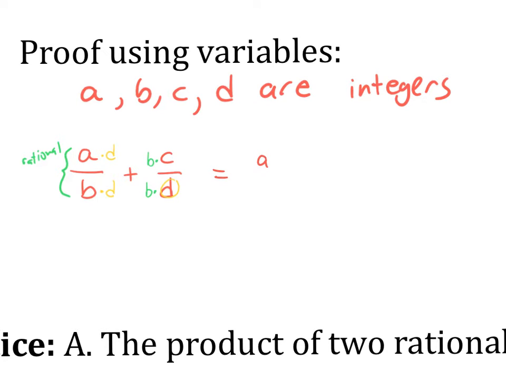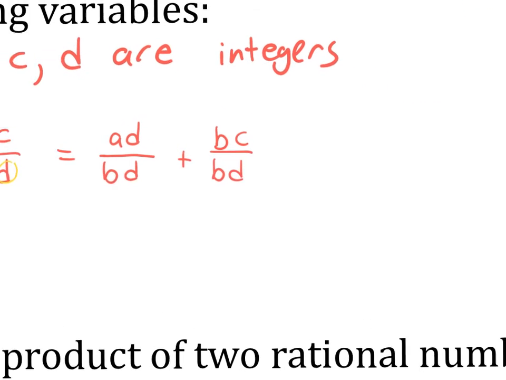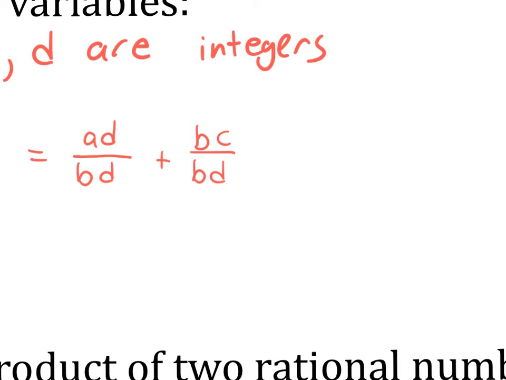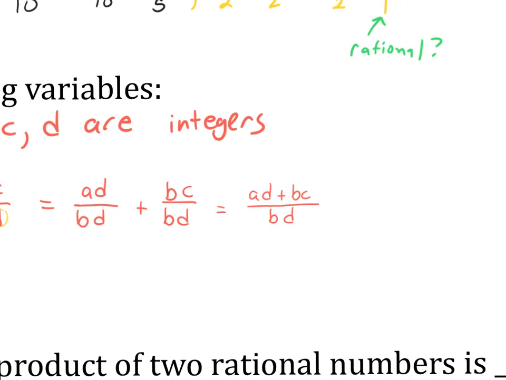In the numerator, I get A times D over BD plus B times C over BD. Now that I have a common denominator, the numerators can combine. AD plus BC, all over the common denominator BD. Now, this looks ugly, but we're actually done.